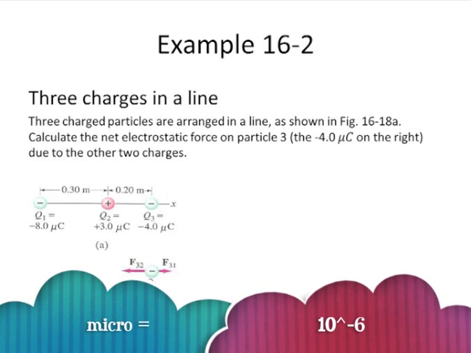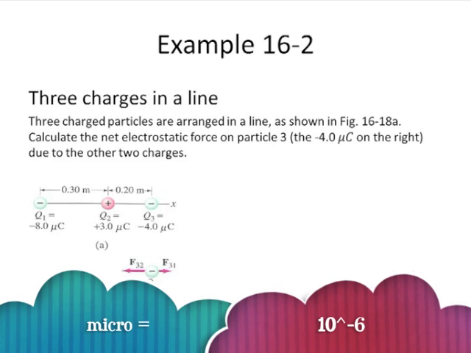Three charged particles are arranged in a line, shown below. Calculate the net electrostatic force on particle 3. This is the one on the very right, due to the other two charges. So let's take a look first at the direction of these charges. Are they going to be pulling on the charge, or are they going to be pushing it away?